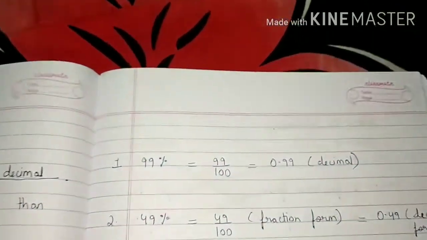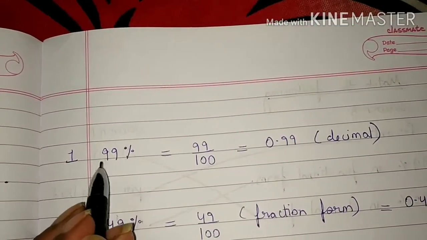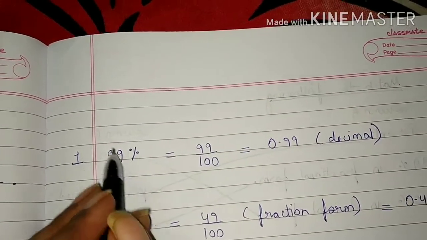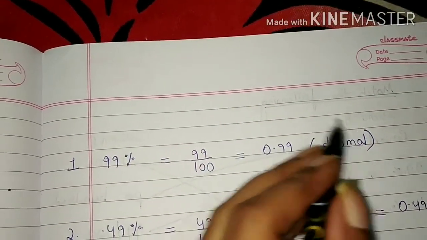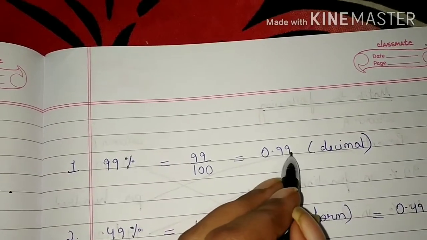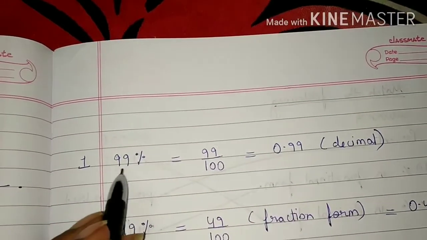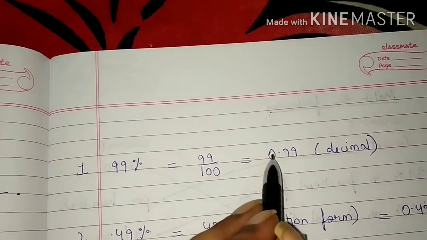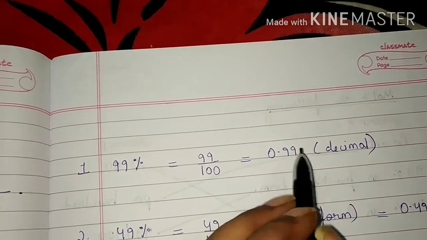Students, look here. Here it is 99% and we have converted 99% into a decimal, that is 0.99. Students, 99% when written as a decimal will be 0.99.